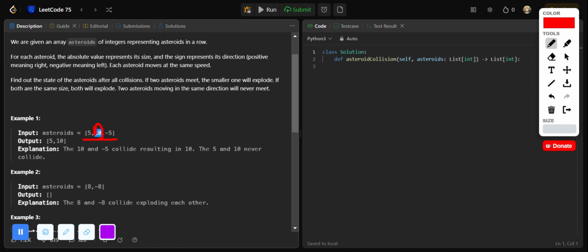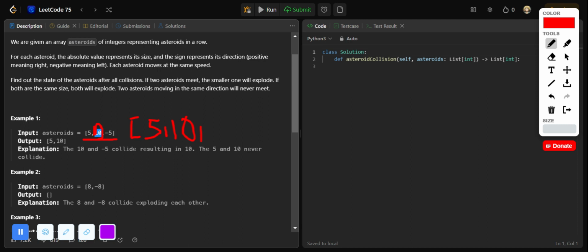Since 5 is not colliding, in our state we have 5 and we have 10, but then we get negative 5.